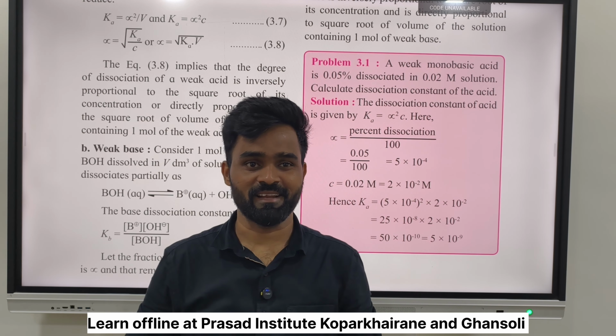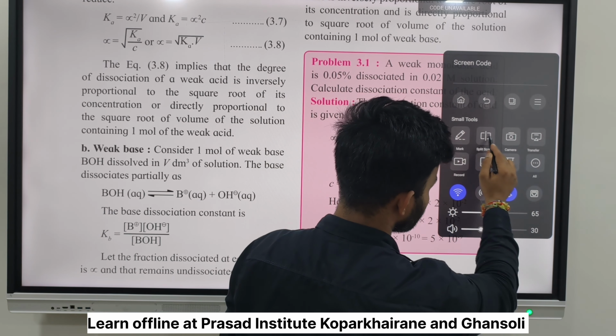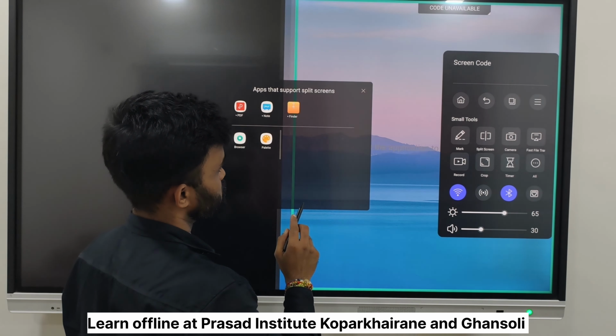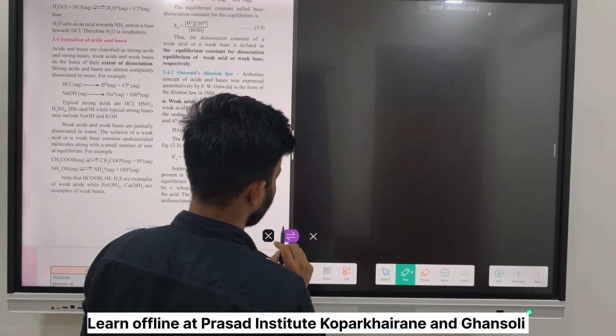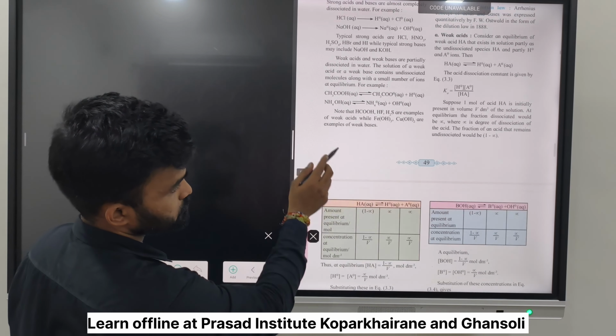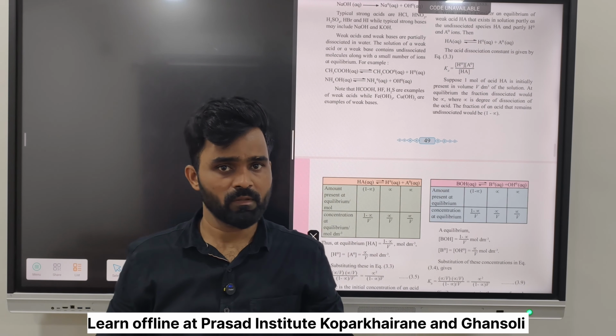Okay, if comfortable with this, let's try to solve this one also. By the way, here we have for weak base also. I didn't take the weak base part because the concept is exactly the same.